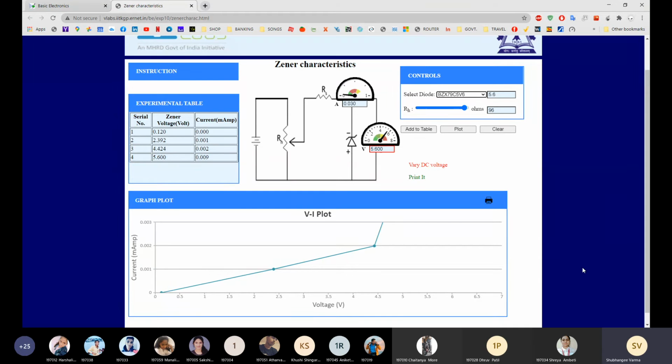Okay, so tomorrow we will perform line and load regulation of Zener diode, and next week I am going to conduct a surprise live quiz on chapter number 1, 2 and 3. Tomorrow, Friday or Saturday, I'll share the MCQ question bank on chapter number 1, 2 and 3 on MS Teams, so that you all can start practicing MCQs.